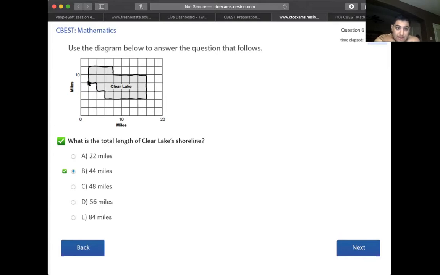And I'm gonna go 2, 4, 6, 8, 10, 12, 14, 16, 18, 20, 22, 24, 26, 28, 30, 32, 34, 36, 38, 40, 42, and 44. So this total length is 44 miles because it's calculated in miles.